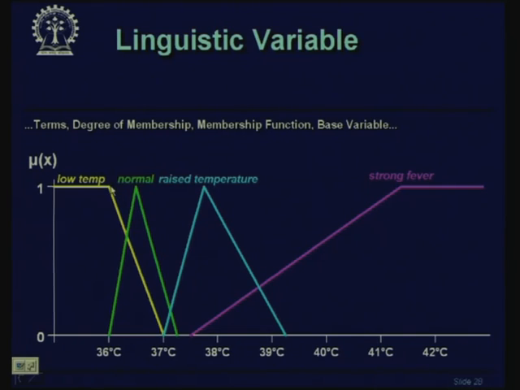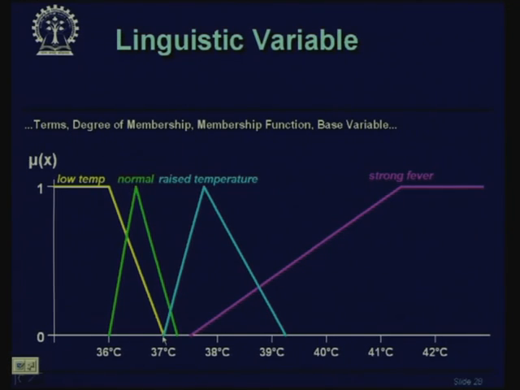It is piecewise linear. So, up to 36, less than or equal to 36, it should be 1, otherwise it will be a straight line equation with a given gradient up to 37. This is a normal temperature, that means from 36 to 37. So, somewhere in between, 36.5 is a normal temperature.